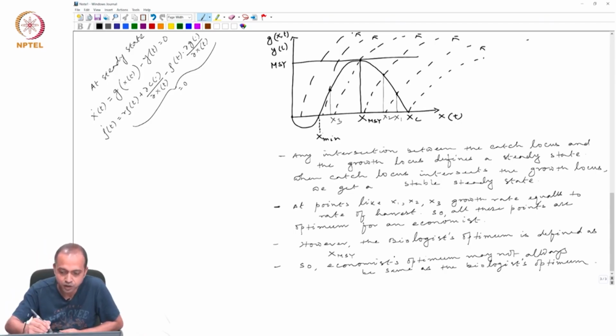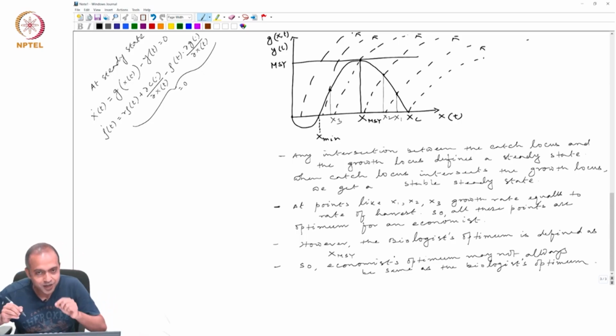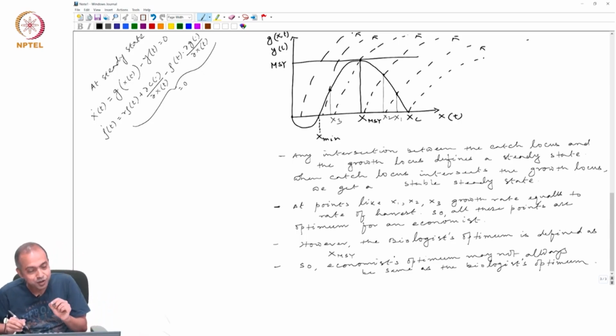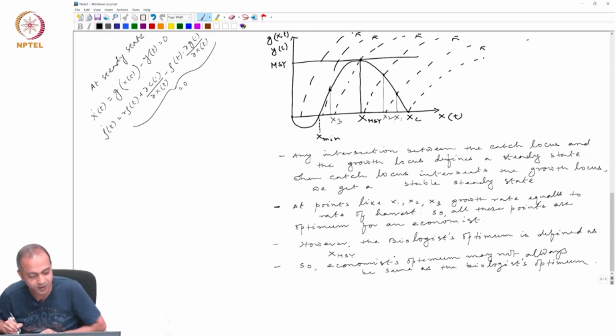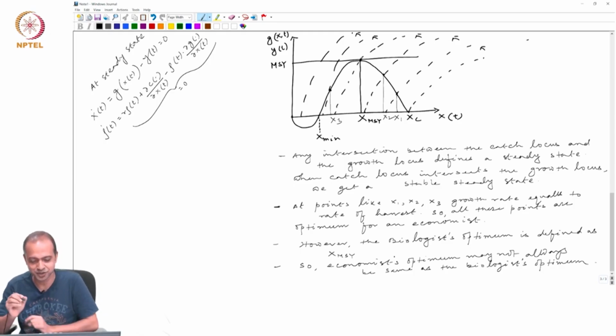Interestingly, x MSY is also a point where the growth locus is intersecting with the catch locus. So, that means if the economist's optimum happens at the peak of the growth, then only the biologist optimum will converge with that of the economist one. Please try to understand what I am saying.